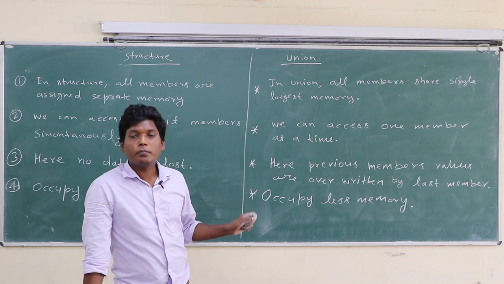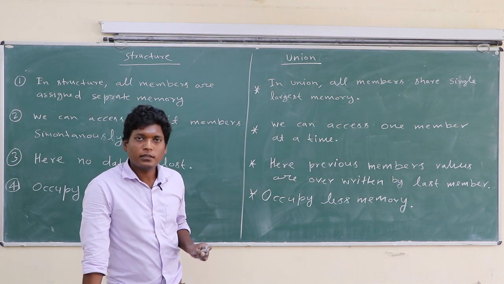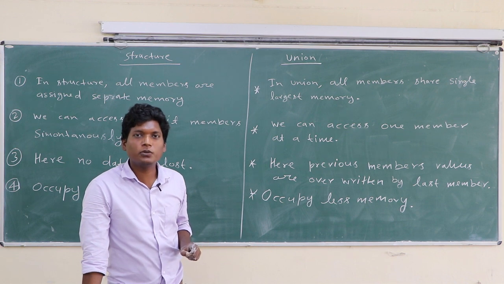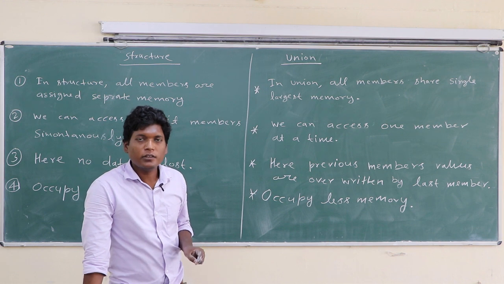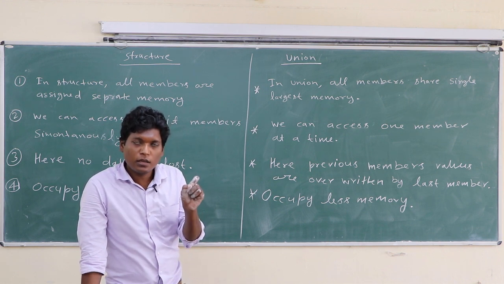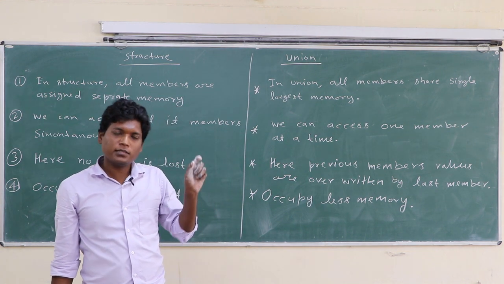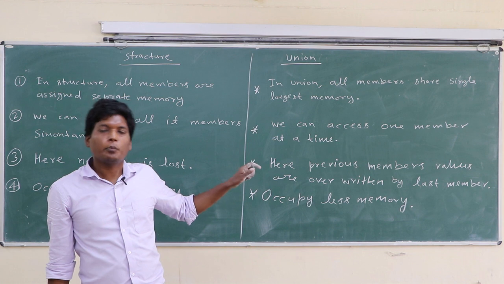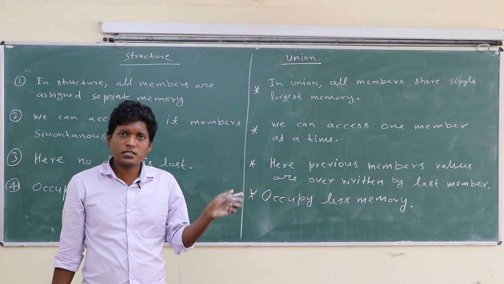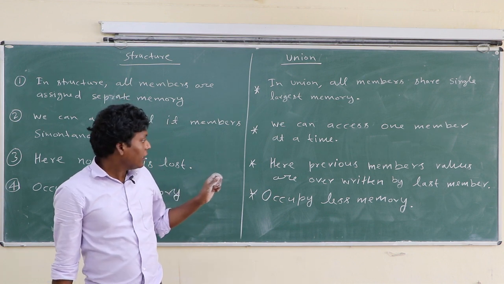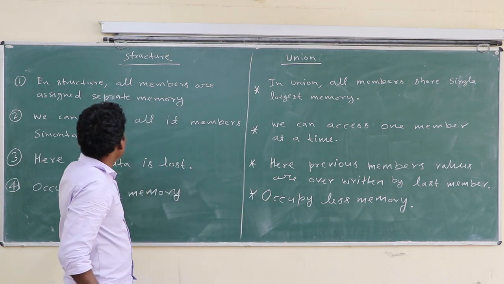Here previous values are overwritten by the last value. Suppose there are 3 members in a union, all 3 members share the single largest memory location, so the value updated by the last member persists there. Previous members' values are overwritten by the last member. Okay class, it occupies very less memory in comparison to structure.